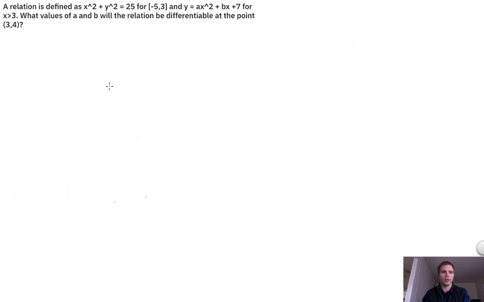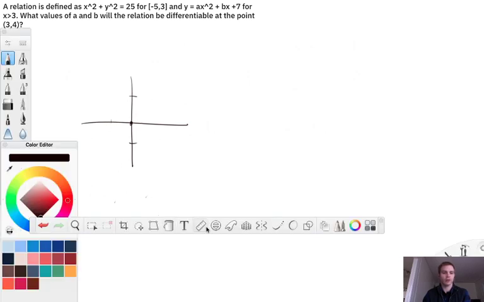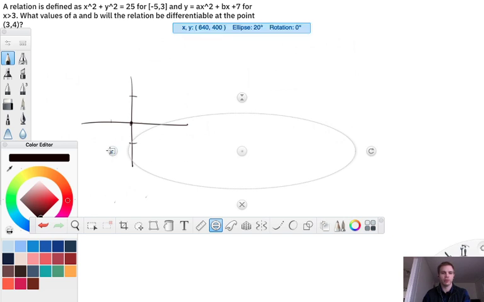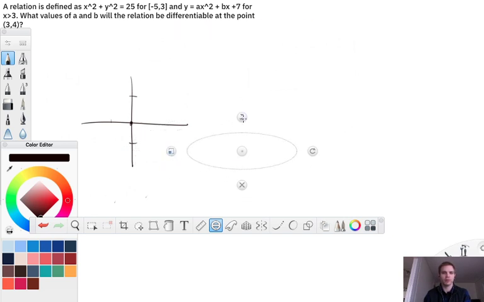Okay, so we have a circle. Oh, goodness gracious. So we have a circle centered at about the origin with radius 5. Let me draw this with a proper circle. It'll look beautiful. This to 90 degrees.